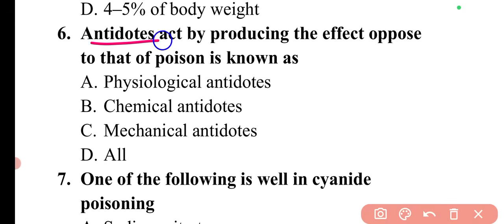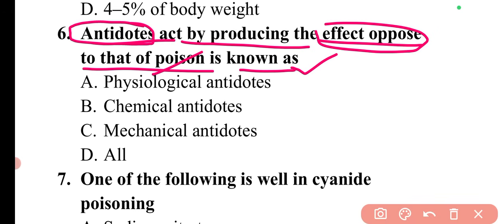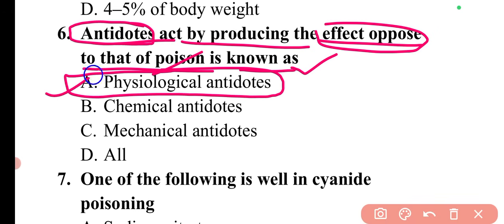Next question is, antidotes that act by producing the effect opposed to that of the poison are known as. Basically I have shown you three classes: physiological, chemical, mechanical. These are the antagonists which produce the effect opposite to that of the poison, so these are known as physiological antidotes. So here option A will be the correct answer. And what different examples have I shown you?